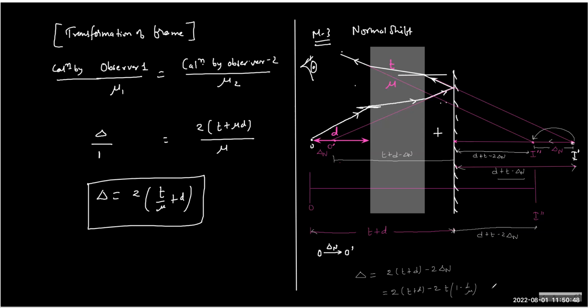So the distance will be d plus t plus d minus. What we're getting here is 2t plus 2d minus 2t. Sir, it's getting cancelled, but then over there it is also multiplying, 2t by mu. So it's the same answer, no? Same answer. Okay, I thought it was getting cancelled. Sorry.